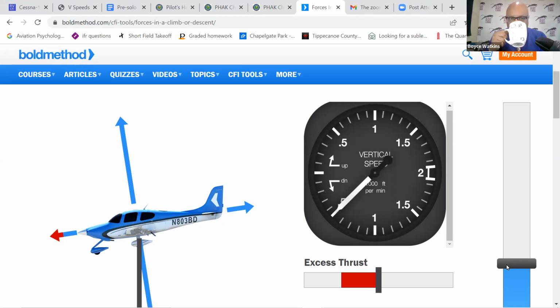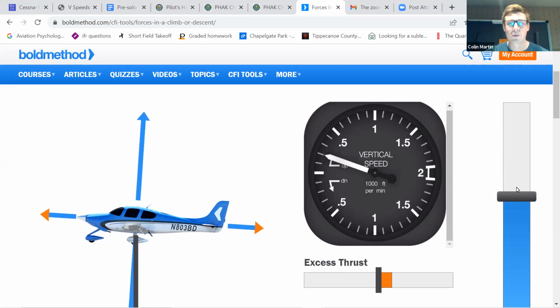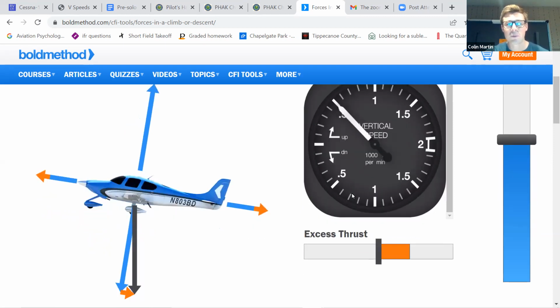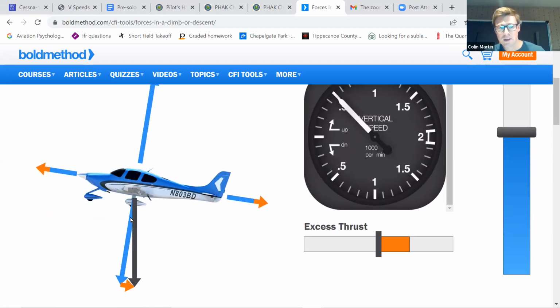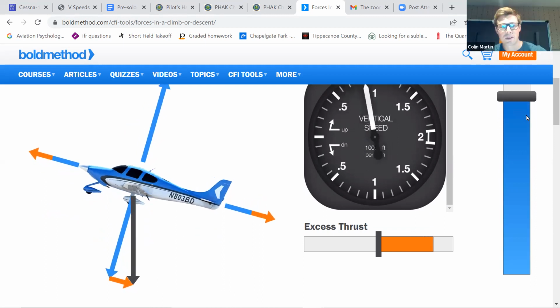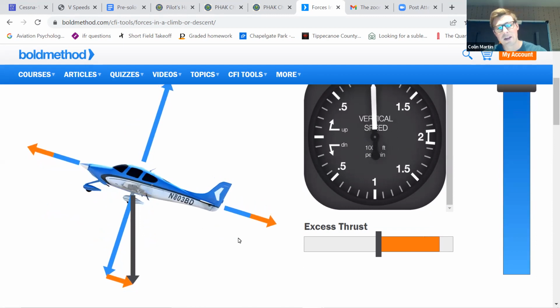Concerning weight, if we're in a climb and start pitching up, that weight vector pointed down is acting in a downward and rearward component. The angle between drag and weight becomes smaller as we keep pitching up.